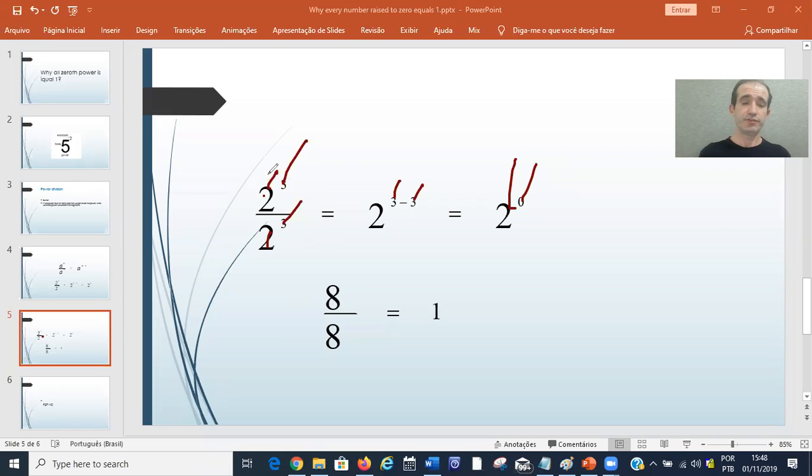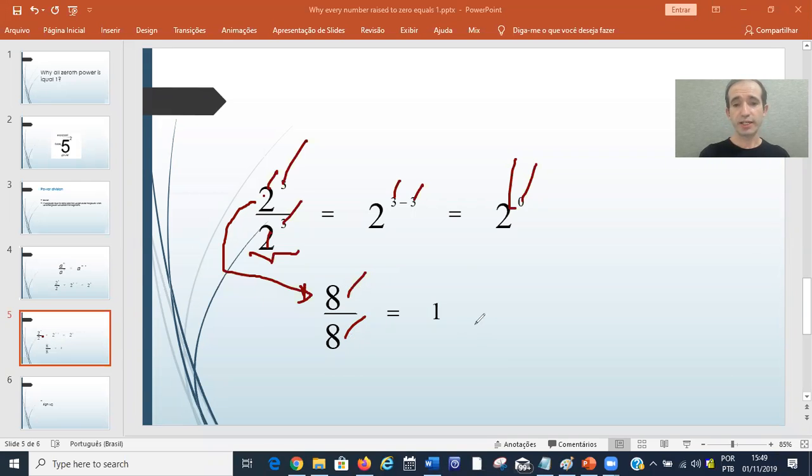But if you think about 2 to the third power, it's the same as 8. Why? If you solve 2 to the third power, you can do 2 times 2 times 2, and you get the number 8. And the same here, 2 to the third power, you can solve, and you get the result 8.